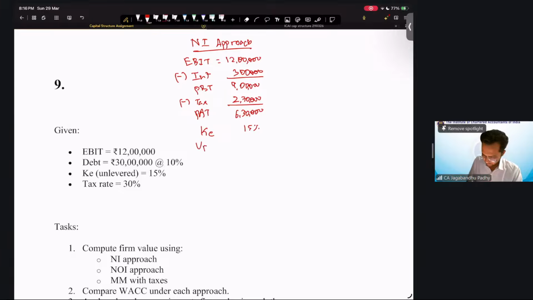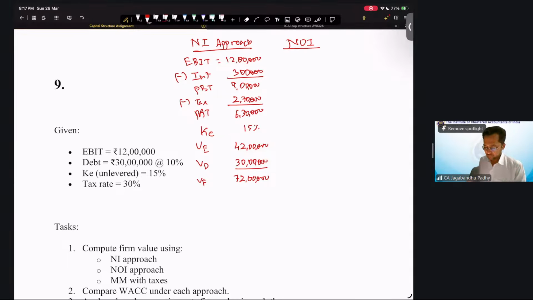That will give me the value of equity: 6 lakh 30,000 divided by 15%, which is 42 lakhs. And then value of debt is anyways 30 lakhs. So the value of firm is 72 lakhs.